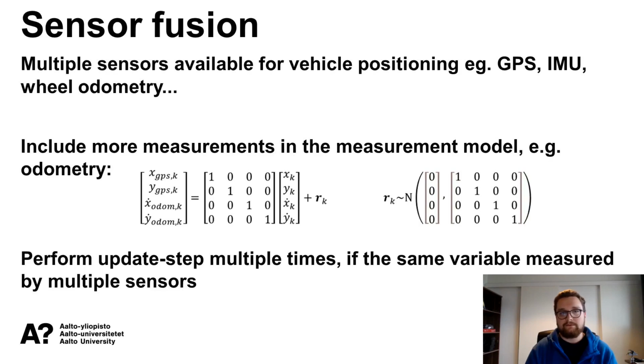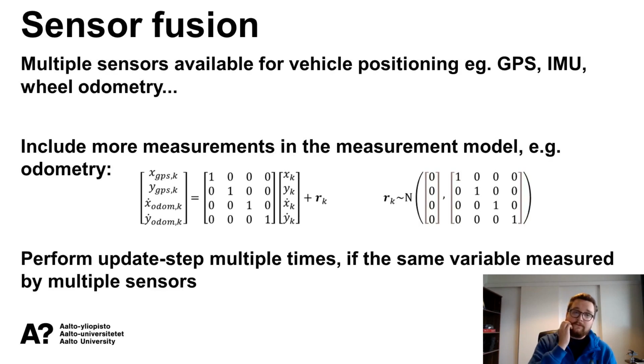For example, in vehicle tracking and positioning, in addition to the GPS, we could have used data from an inertial measurement unit to get the accelerations, or we could have used wheel odometry, basically getting the velocity of the vehicle from those. And how you use the Kalman filter for sensor fusion.